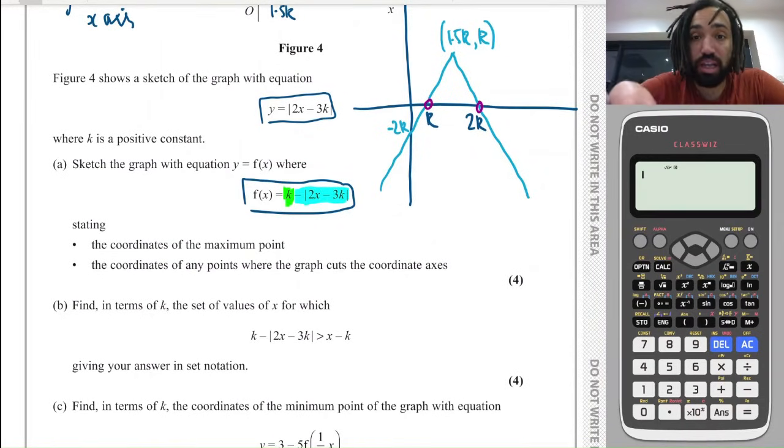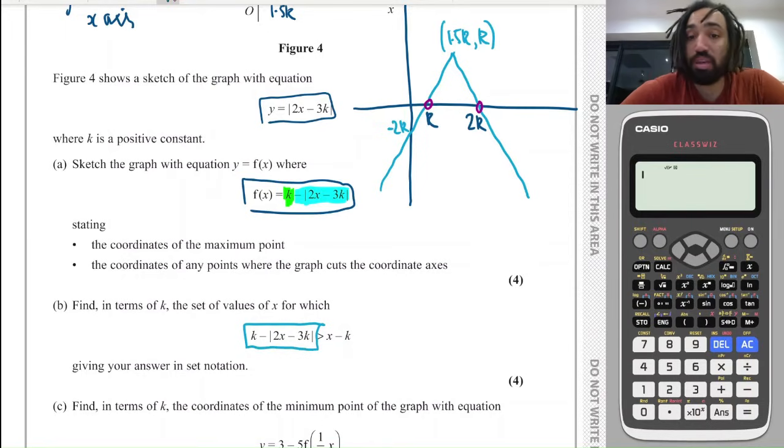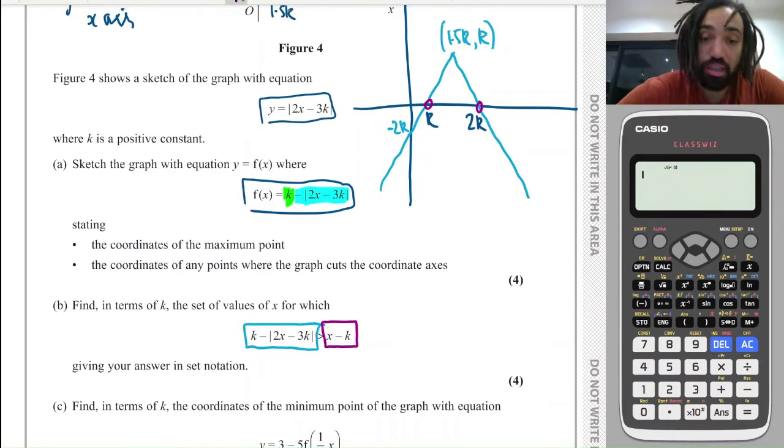Next we have this inequality, and that part of the inequality is the bit we've already labelled with a light blue pen. And the next part is a straight line that has a gradient of x, so it's going to be shallower than this line which has a gradient of 2x, and it goes through a y-intercept of minus k.